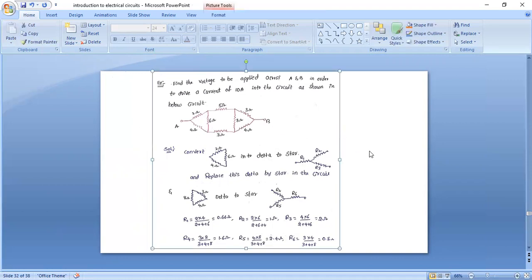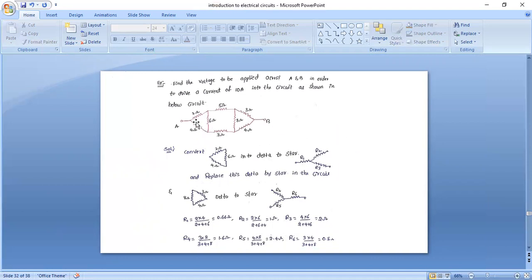So observe the circuit. This is in delta form and this side is also in delta form. So now convert this delta into star. Then we have the formula. See, this is one delta connection system, so take the delta connection and convert it into star.